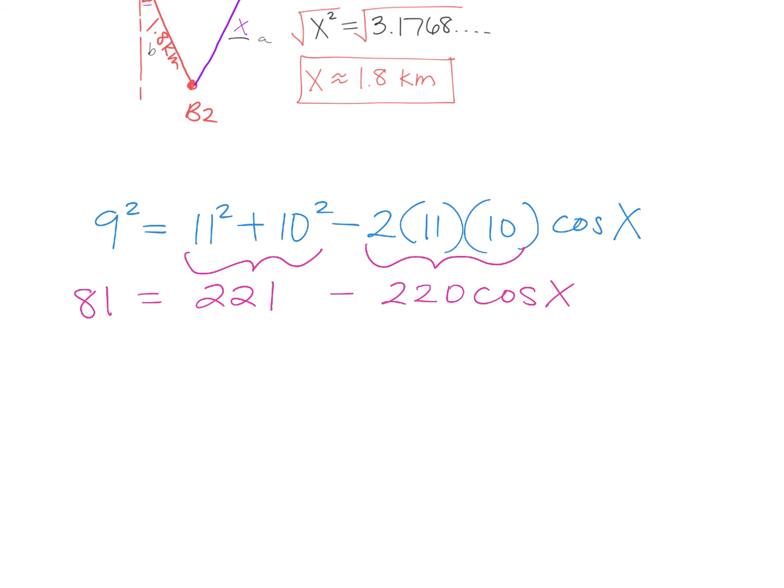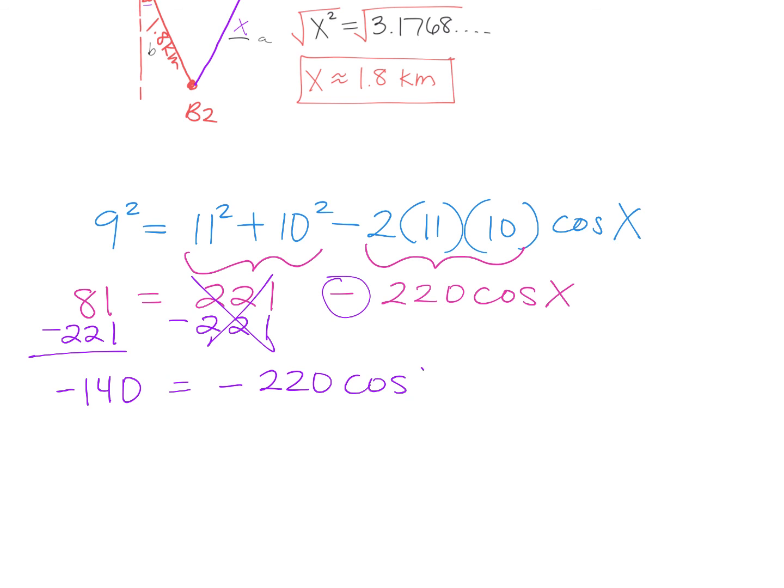Inverse your PEMDAS. What's next? Subtract the 221, right? Take 221 away from both sides. So I get, this is gone, 81 minus 221 is going to be a negative 140 equals, don't forget this is a negative 220 cosine x.